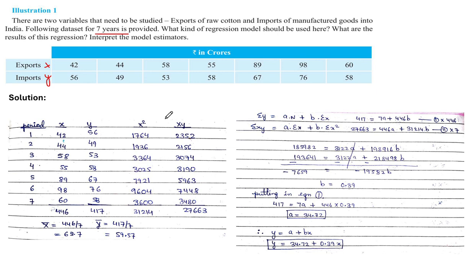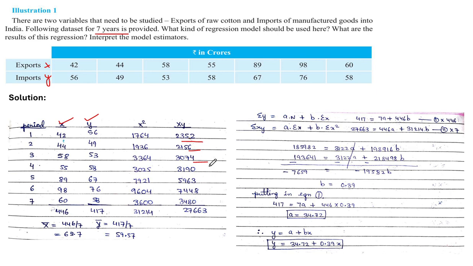Now we will calculate x square. 42 square is 1764, 44 square is 1936. As it is, we will calculate x into y, variable x into variable y, the product xy. 42 into 56 is 2352. 44 into 49 is 2156. 58 into 53 is 3074.